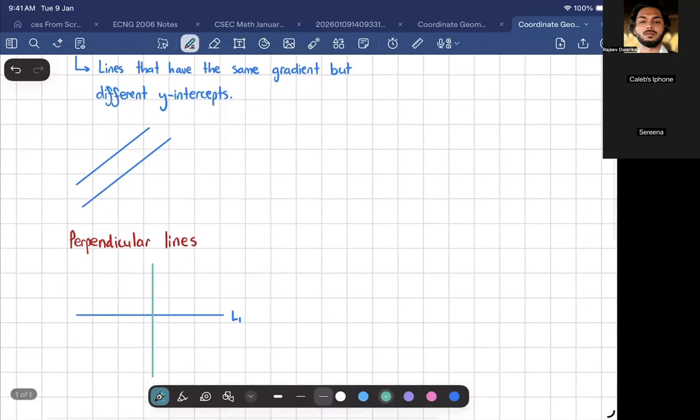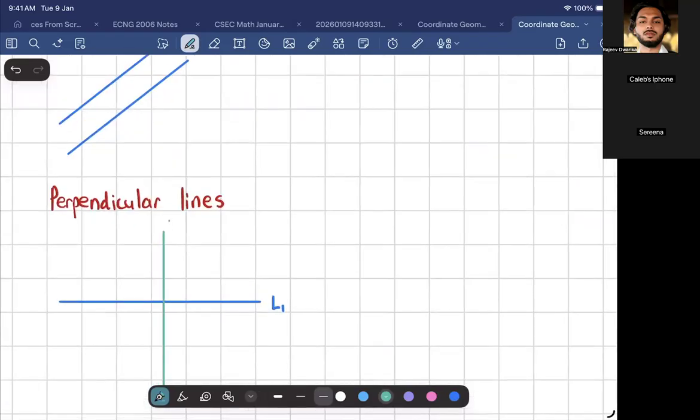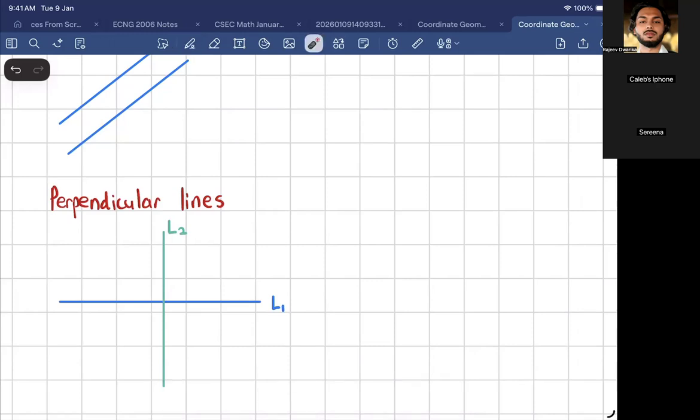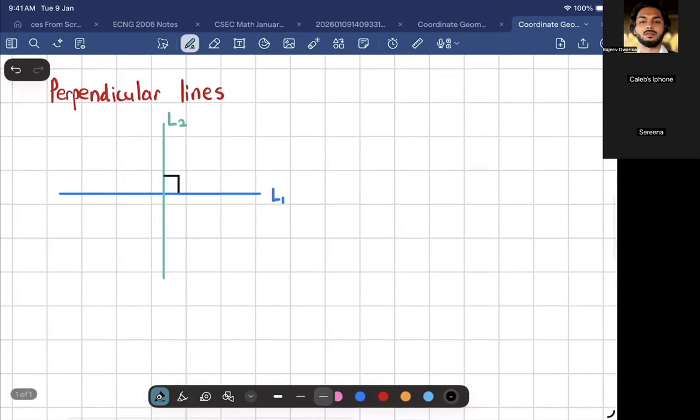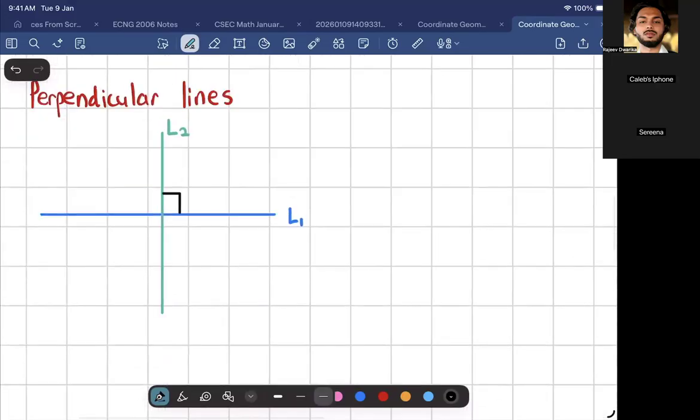Caleb, what do you notice about the angle between these two lines? What angle does this look like? Yeah, 90 degrees. So if two lines are perpendicular, then the angle between them is 90 degrees. Understand? Right. And let me show you another property of perpendicular lines.